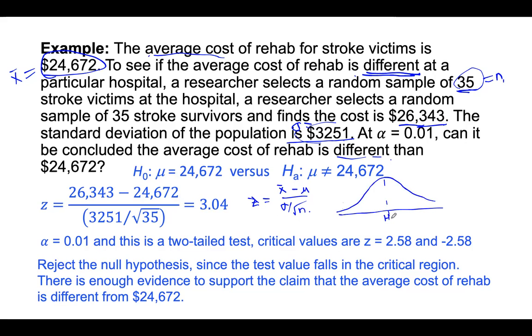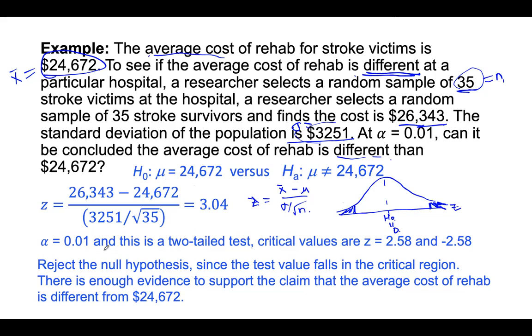So this is our H naught. In terms of the Z, if we transform it, that will be 0. In the X data, it's 24,672, and we want to calculate this out here.